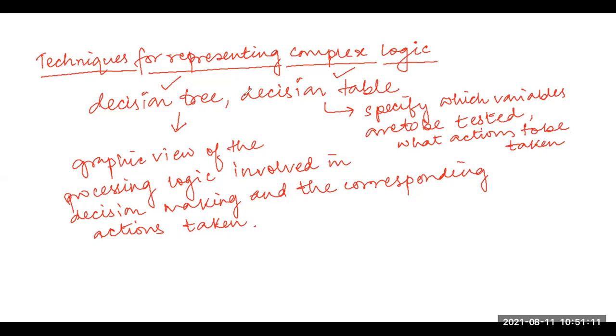So the decision tree will specify what options may be required. It will specify the overall view of the processing logic that is required. And the decision table will specify which variables are to be tested, or what test cases need to be formed, and based on these, what actions are to be taken depending upon the outcome of the decision making logic in the decision tree phase.